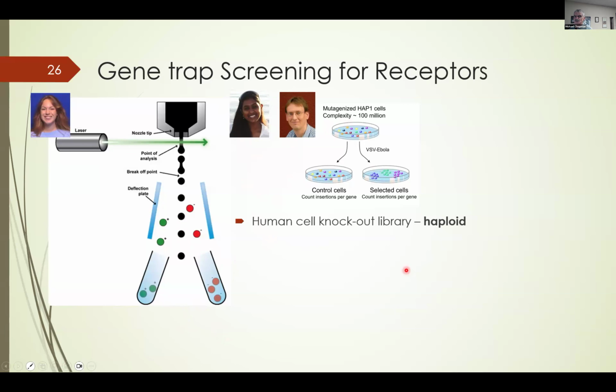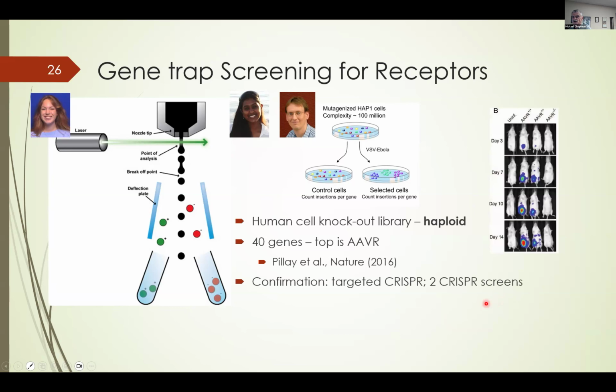Then with deep sequencing, they could identify the genes that had been mutated. There were about 40 that were important. The top ones they confirmed. And what I'm going to tell you about today was the very top scoring gene out of this screen.